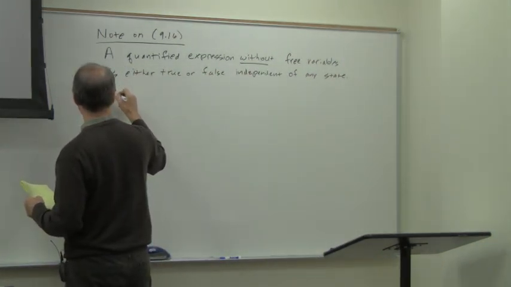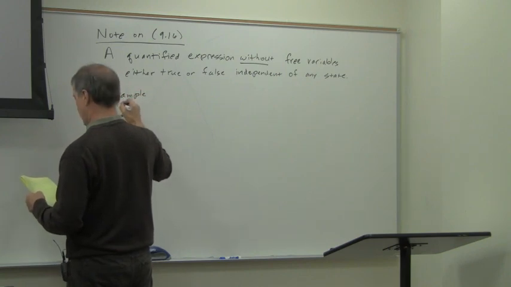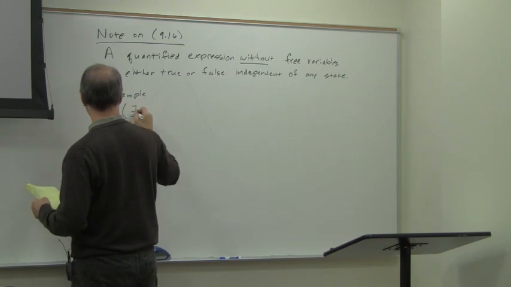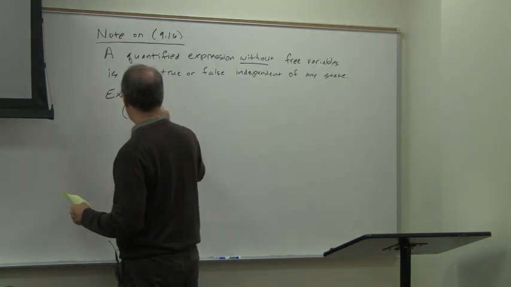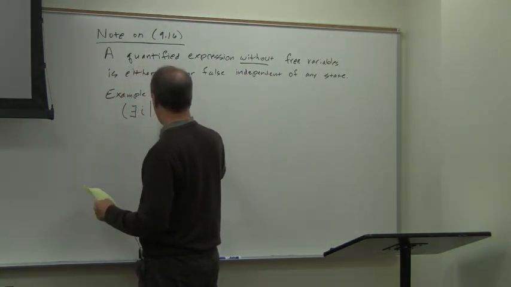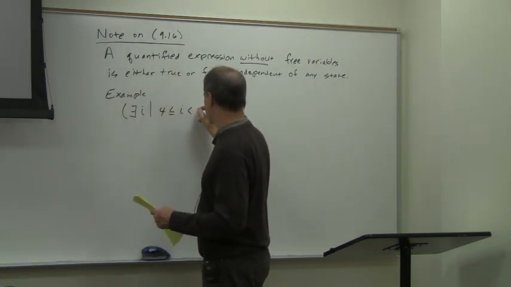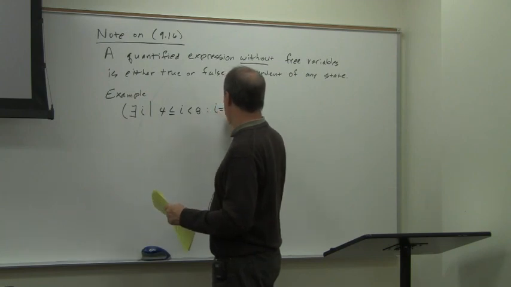Now, I'm going to use an exists. There exists an I, range 4 less than or equal to I less than 8, body I equals 6.